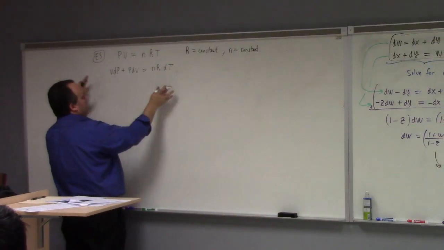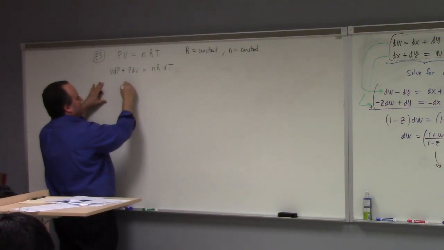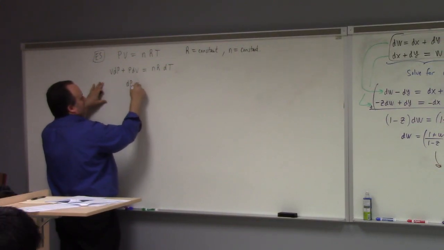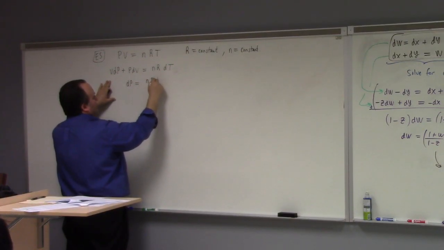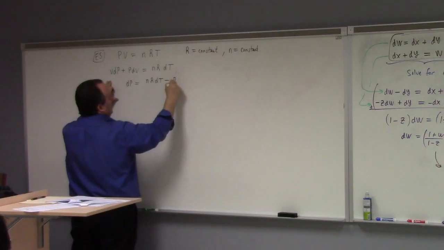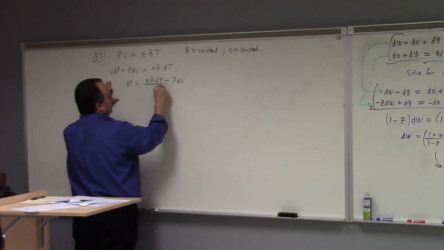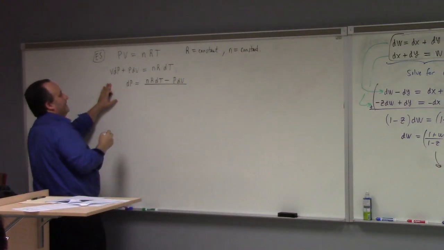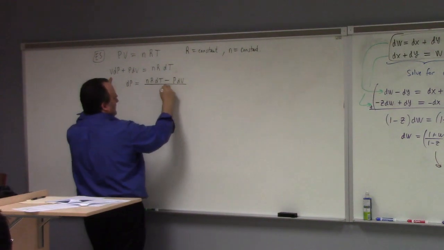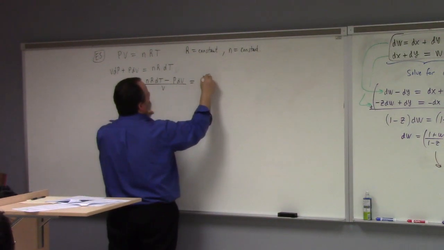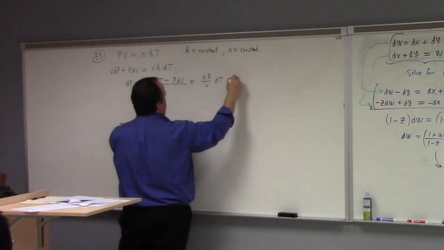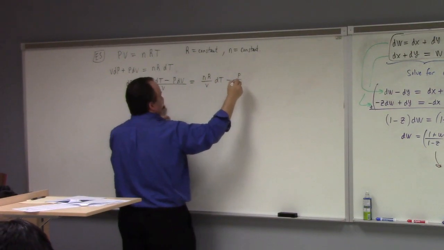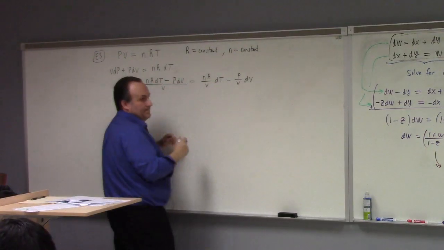So let's see, we could go a couple different ways here. We could solve for dP is equal to nR dT minus P dV, all divided by V. That's nR over V times dT minus P over V dV, right?